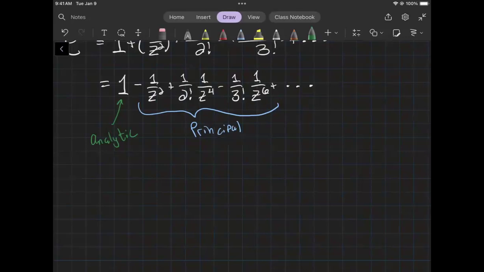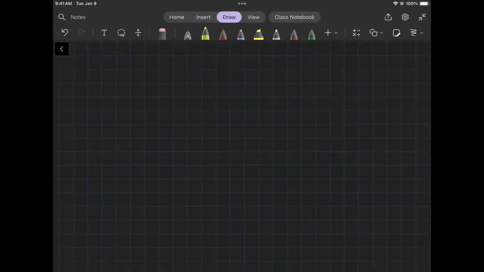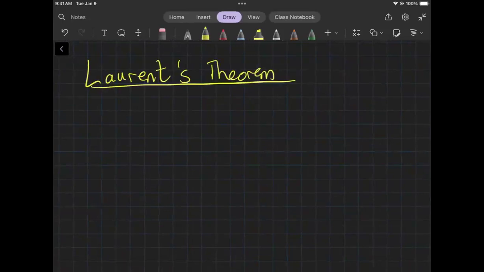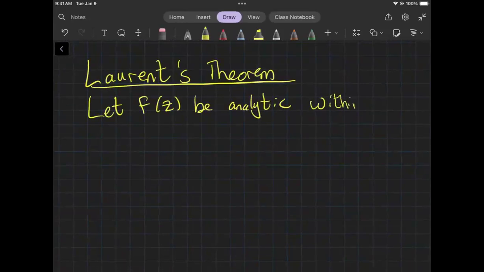And here's a great theorem on computing the coefficients in the Laurent series. This is what's called Laurent's theorem. So let f of z be analytic within an annular domain, within this annular domain.